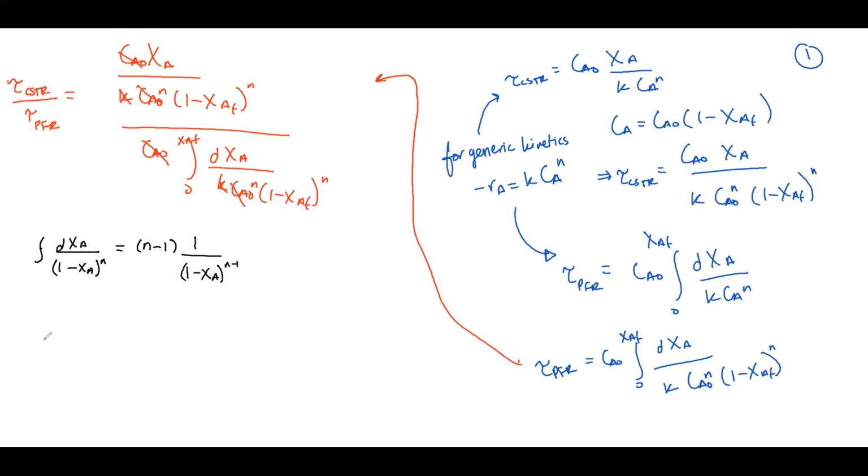If I plug it here, I get tau CSTR over tau PFR equal to XA over 1 minus XA to the n, divided by n minus 1 over 1 minus XA to the n. And this becomes your equation.